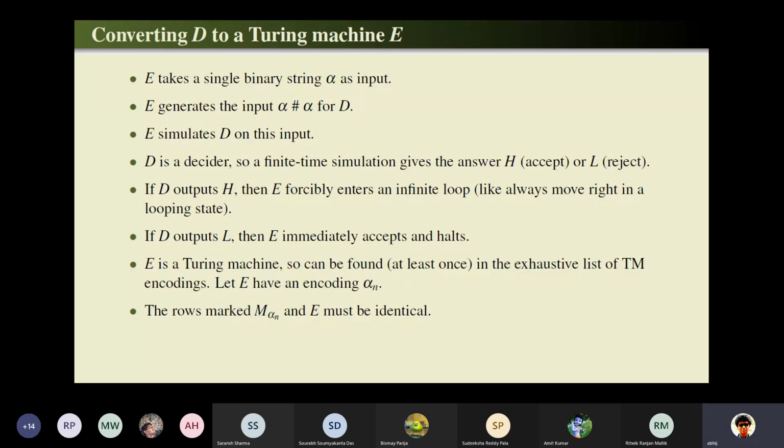In other words, if D says halt, E will not halt. Okay, so if D says that E halts, E will actually enter an infinite loop. And if D says E does not halt, E will actually halt. This is not possible, right?